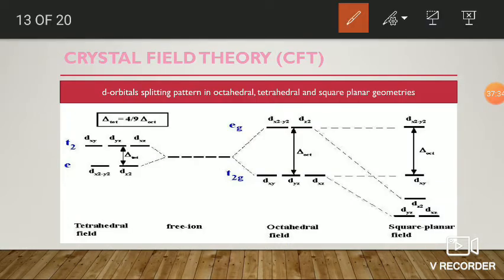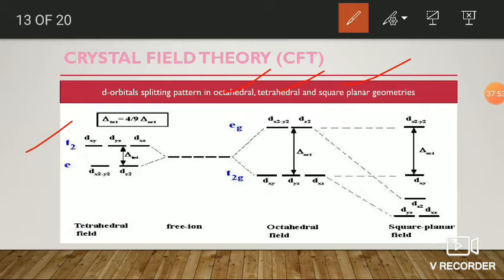If you consolidate the splitting of the 5 d orbitals in various geometries, the picture depicts the splitting of d orbitals in three geometries: octahedral, tetrahedral and square planar.